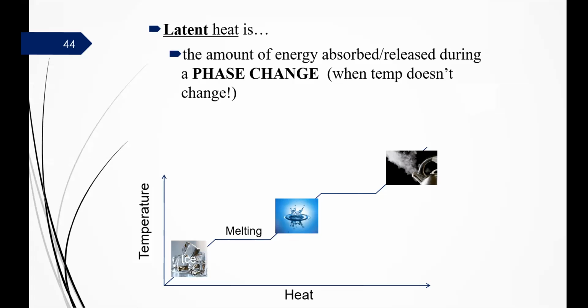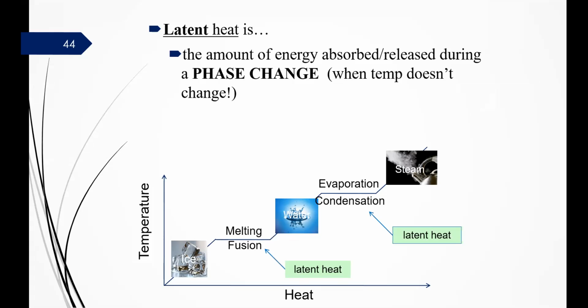Between our solid and our liquid, that's going to be our melting. Between our water and our steam, that's going to be our evaporation, or vaporization. Each of those plateaus is related to a phase change, and that's where our latent heat is.